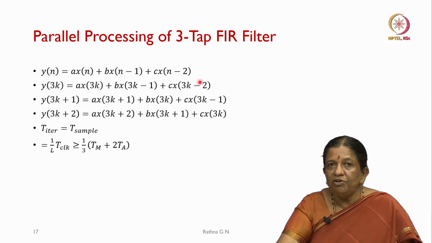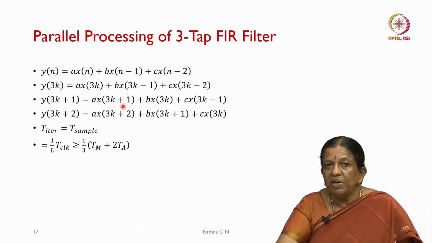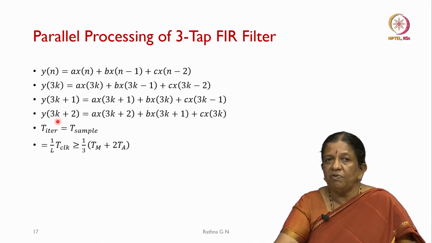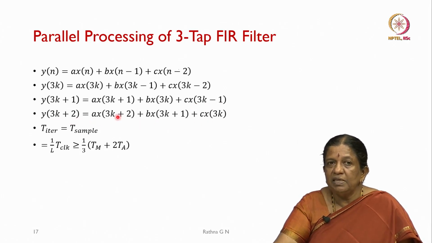So, I replace n with 3k: a into x of 3k plus b into x of 3k minus 1 plus c into x of 3k minus 2. In the next case, 3k plus 1, if you substitute, 3k plus 1 minus 1 becomes 3k, x of 3k, and then in the next term c into x of 3k minus 1. Even y of 3k plus 2 can be represented in this way.